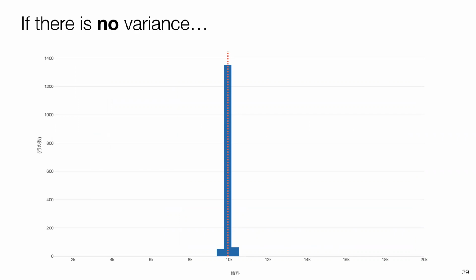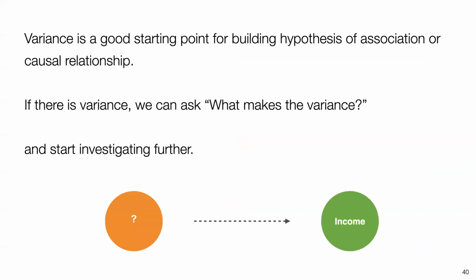Everything in this world has variance, and variance is a good starting point for building hypotheses of association or even causal relationship. If there's a variance, we can ask what makes the variance, and that's a starting investigation point.